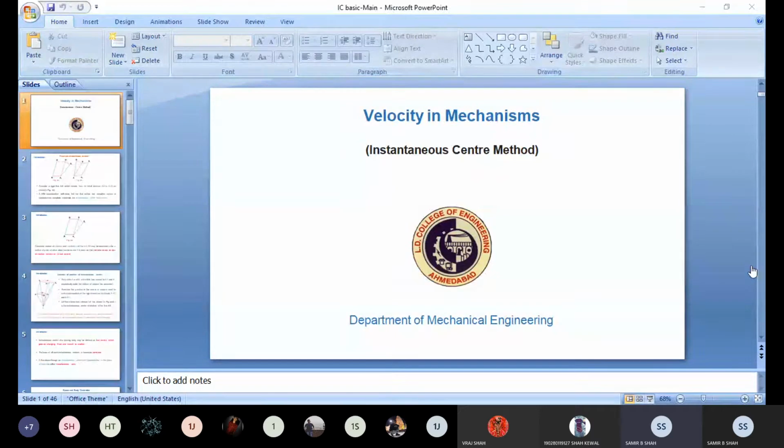When both motions are covered by a mechanism, at that time we can prefer the instantaneous center method, which we discuss point by point. And this is one of the easiest methods to solve the velocity diagram.